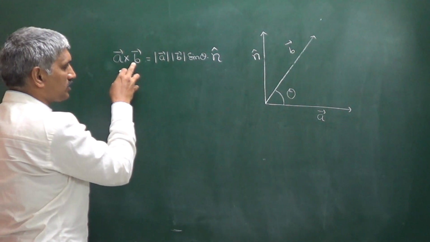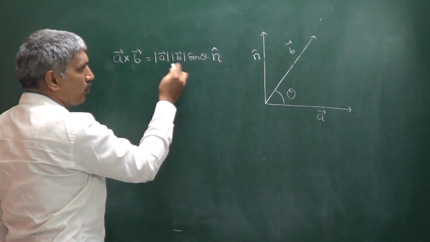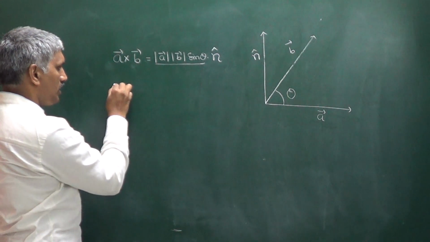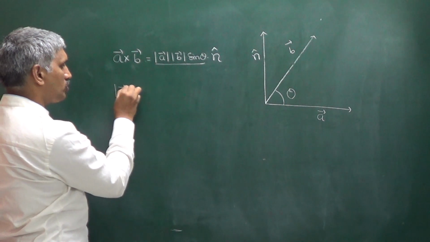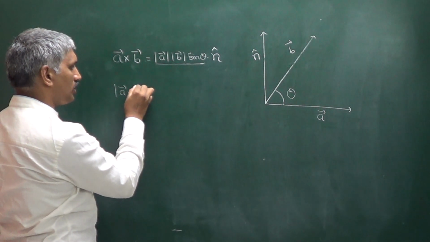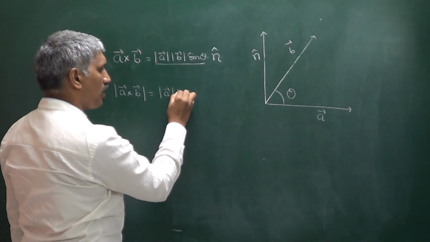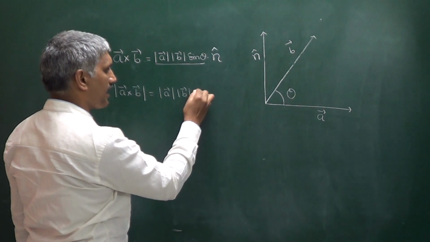Now A bar cross B bar is a vector whose magnitude is mod A bar mod B bar sine theta. That's why I can write magnitude of A bar cross B bar is equal to mod A bar into mod B bar into sine theta.